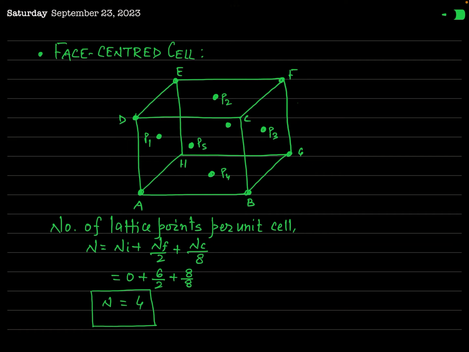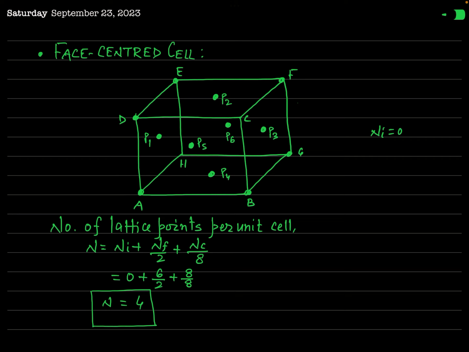Again, the sixth face is EFGH, whose center is at, let us say, P6, and there is a lattice point here too. So what are you seeing in this case? In this case there is no lattice point in the interior, so Ni is equal to 0.